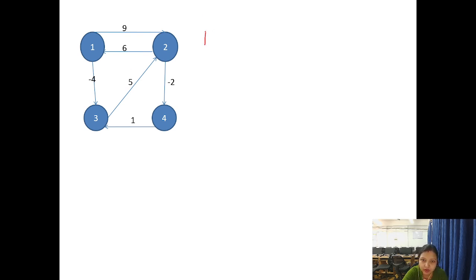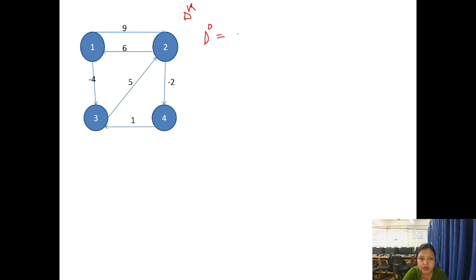Initially, we have to find the distance D0. What is D0? It means the distance using k, where the value of k is now 0. I am coming to the formulas later; let's understand the procedure first.